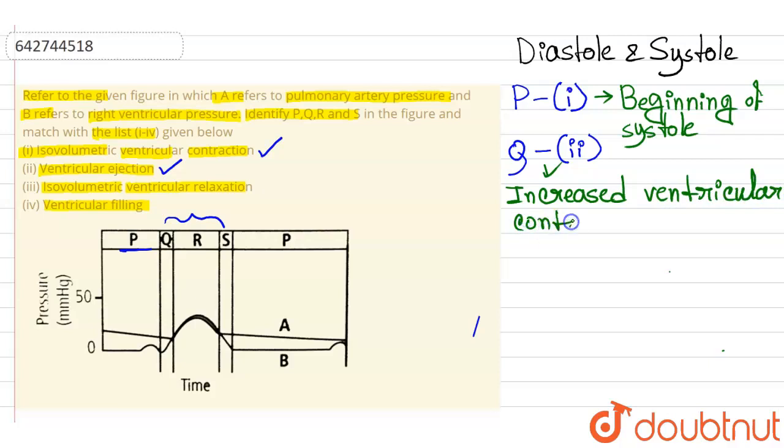And the arterial pressure increases until it reaches a maximum point.